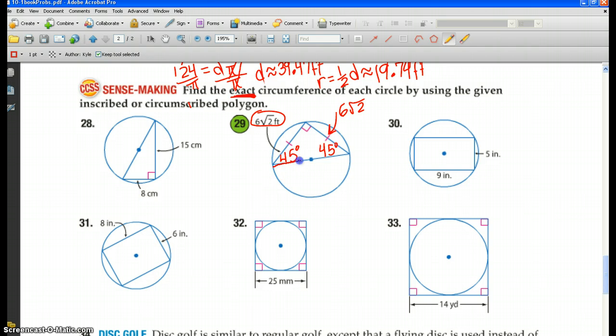And our hypotenuse, remember from our special right triangle section, is the leg times the square root of 2. So 6 square root of 2 times the square root of 2, where the square root of 2 times the square root of 2 is just 2. So we have 6 times 2, or 12 feet.